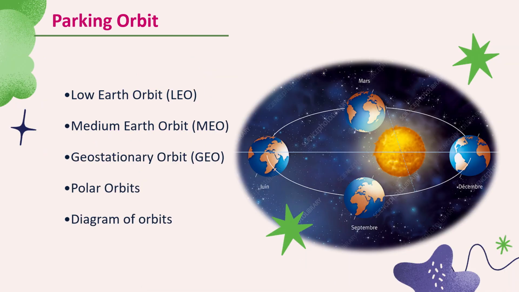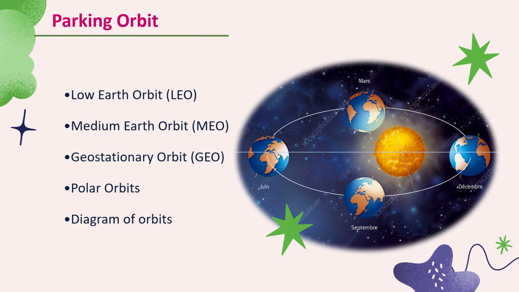How do satellites stay in orbit? There are five main orbits: parking orbit, low Earth orbit, medium Earth orbit, geostationary orbit, and polar orbit. Basically, satellites are launched by rockets.